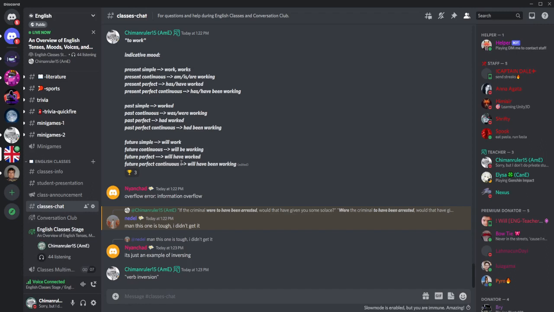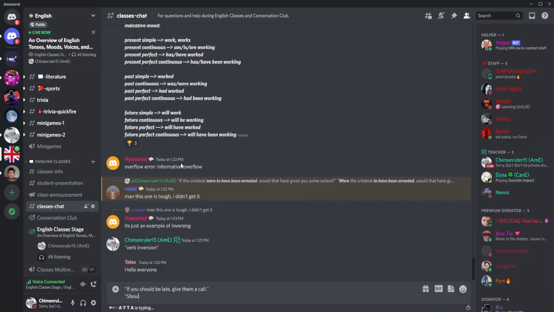I forgot to mention, you can also do this with the verb should. Should can be inverted, so you could say something like this.